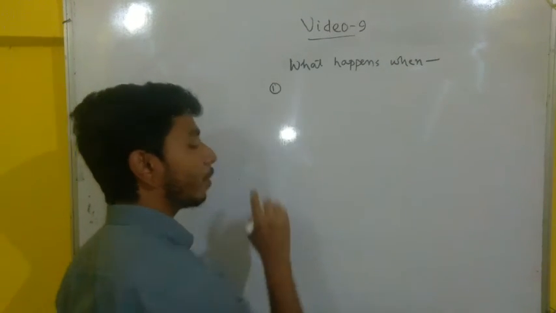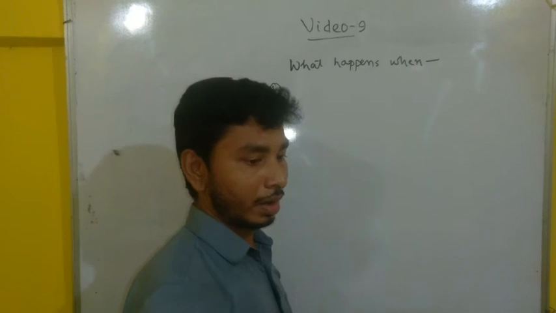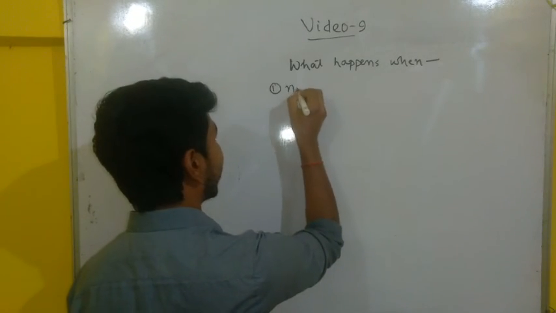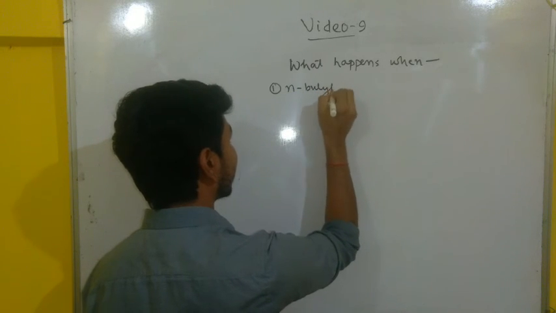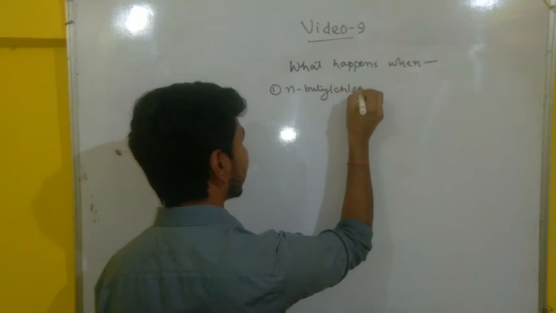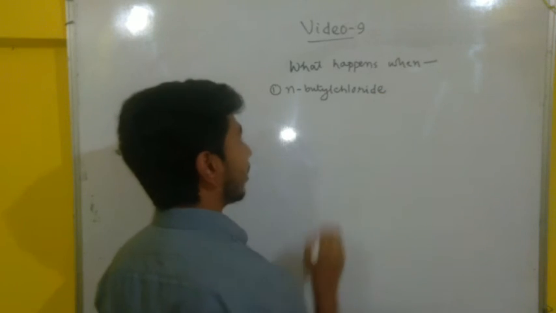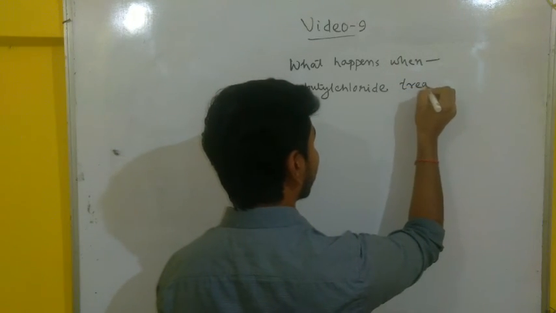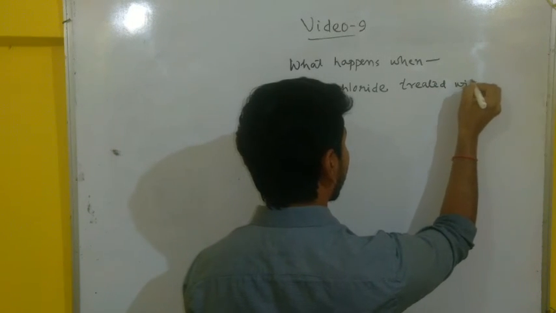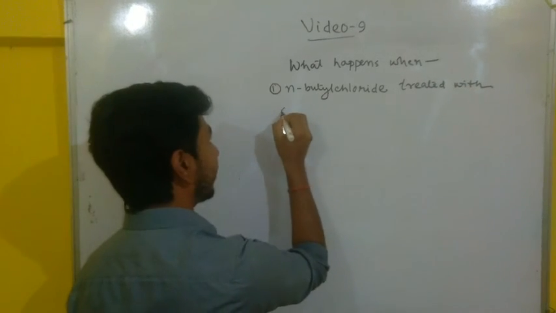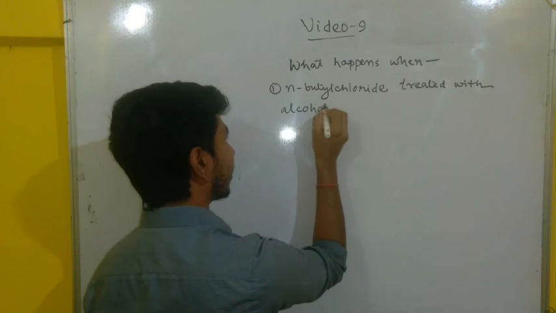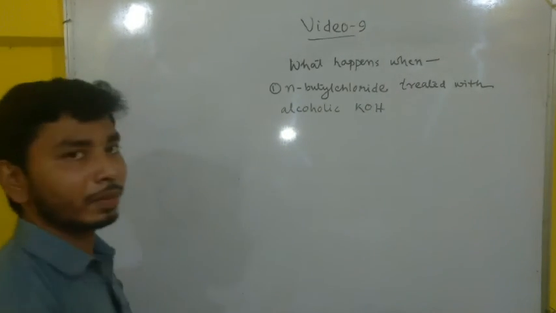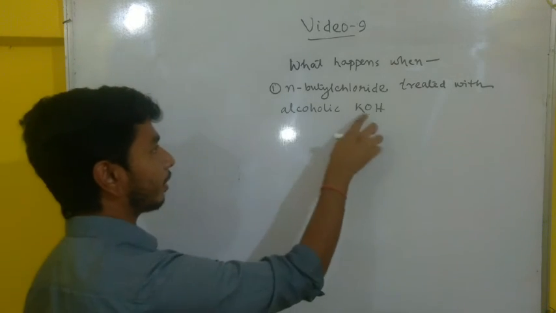What happens when n-butyl chloride is treated with alcoholic KOH?